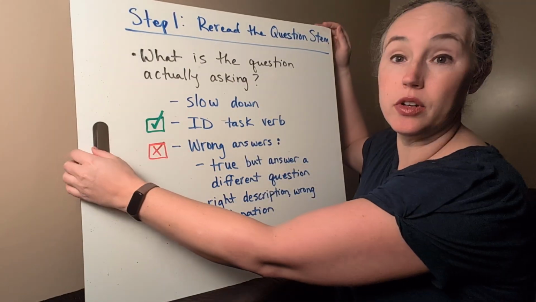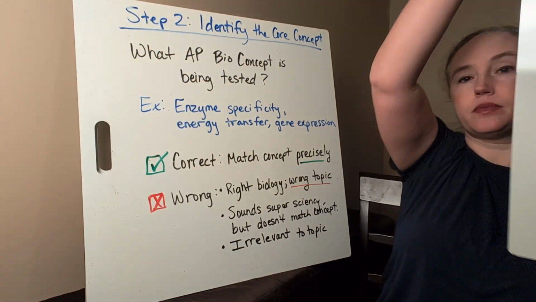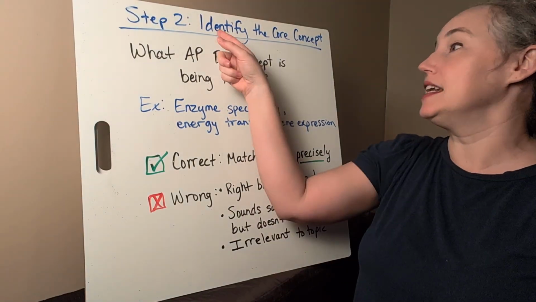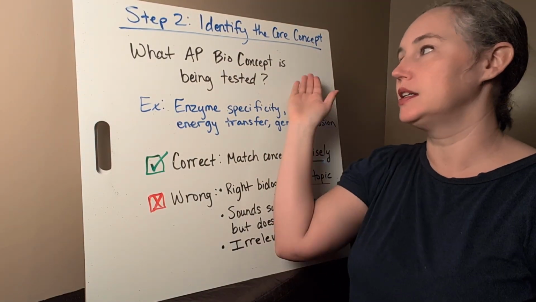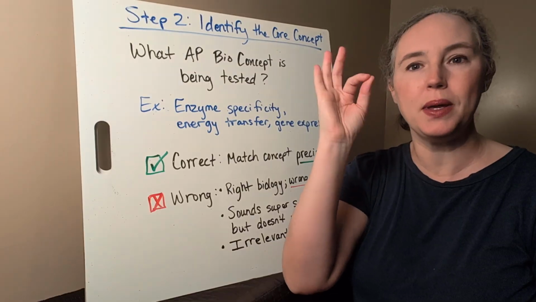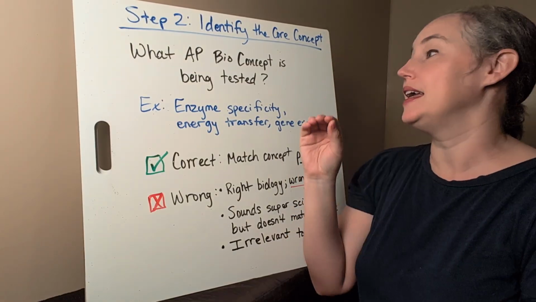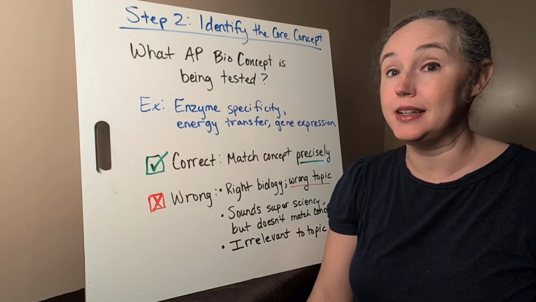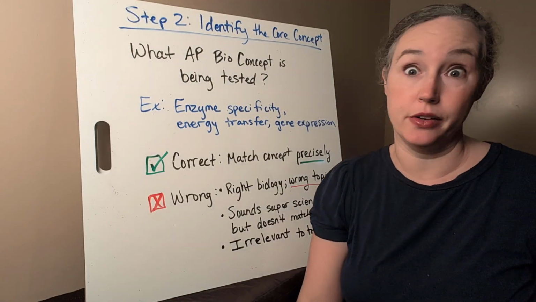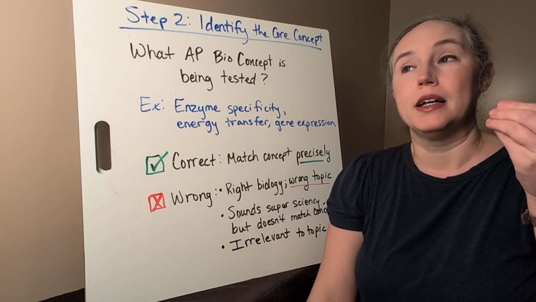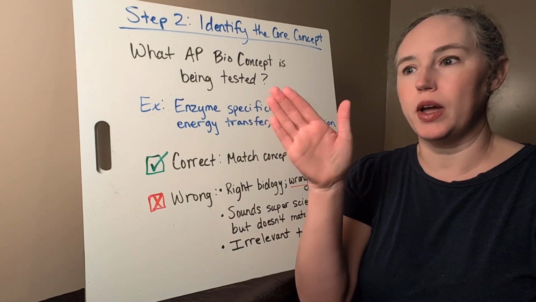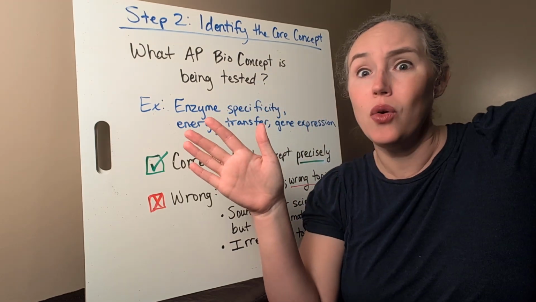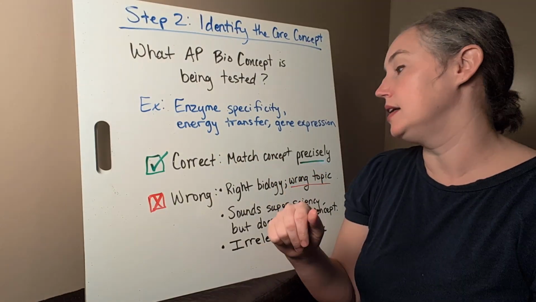After you've reread the question, if you still have two strong answers, identify the core concept. Ask yourself, what AP Bio concept is being tested here? Is it enzyme specificity, gene expression, energy transfer? Sometimes AP Bio will give you a partially right answer in a context that has nothing to do with the rest of what's happening.